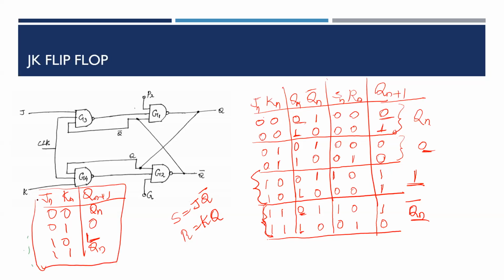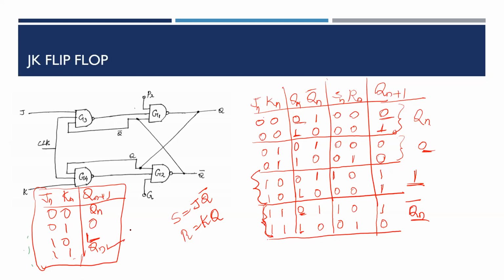ഇനി തുടക്കത്തിൽ ഞാൻ പറഞ്ഞായിരുന്നു, SR flip-flop was having a problem with the last row. When both the inputs are equal to 1, that condition is not allowed in SR flip-flop. In order to sort out that problem, we are going for JK flip-flop. എന്ന് ഞാൻ ആദ്യം പറഞ്ഞായിരുന്നു, right? So the truth table നോക്കിക്കേ, in the last row J equal to 1, K equal to 1, our output is Qn bar.